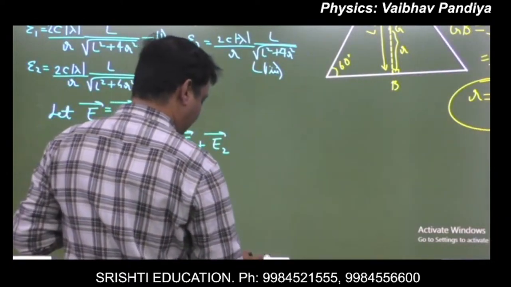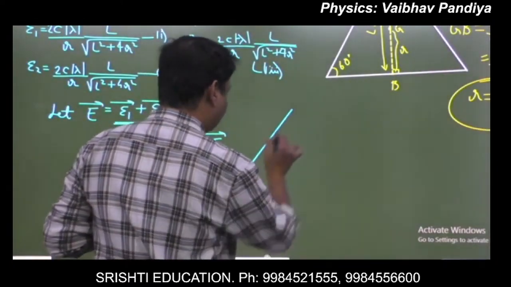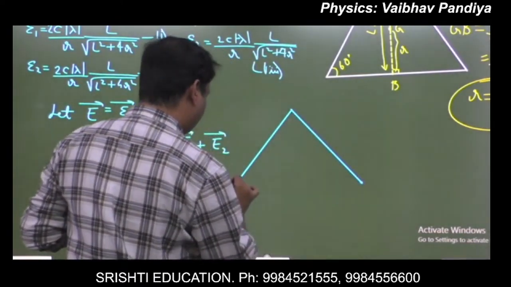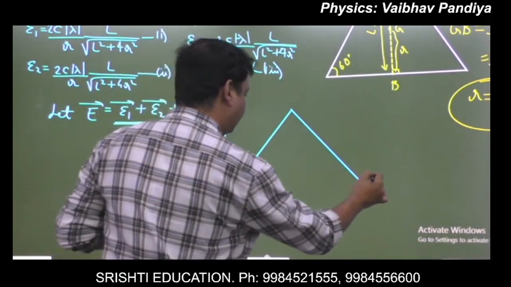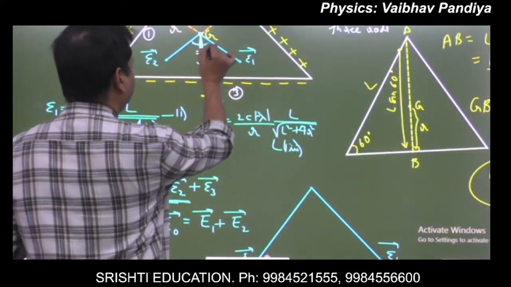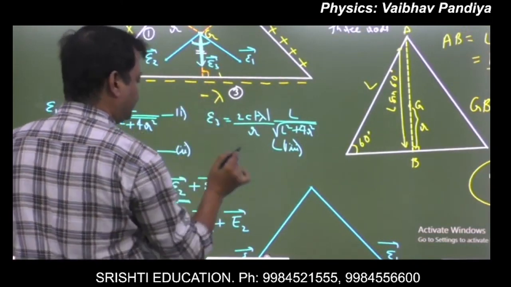And I'm making a clear figure for E1 and E2. This is your E2 and this is E1. And what is the angle between them? So this angle will be, by basic geometry we know, 120 degree.